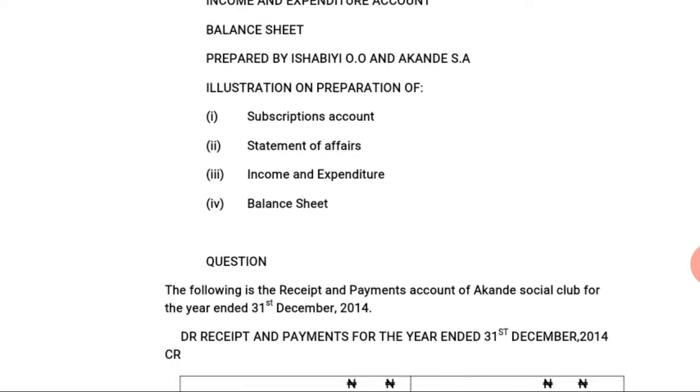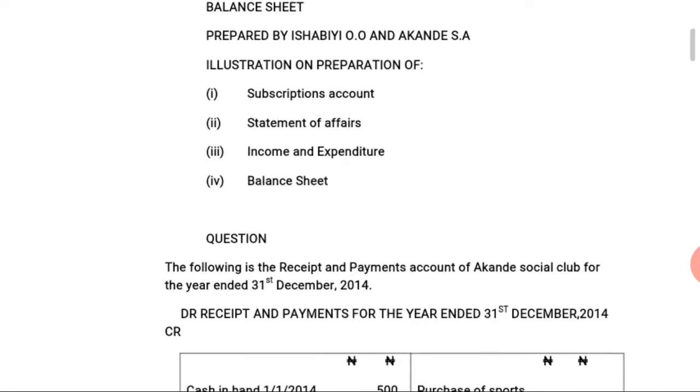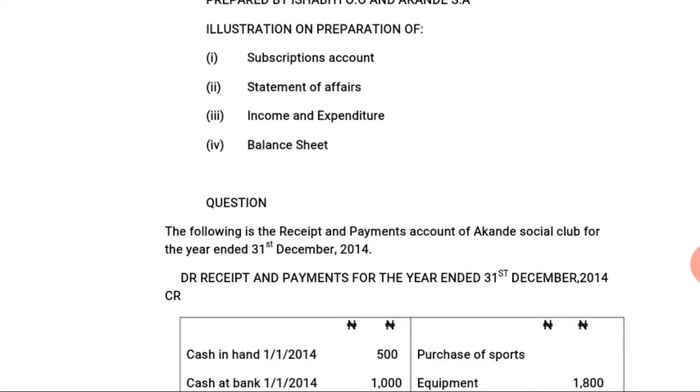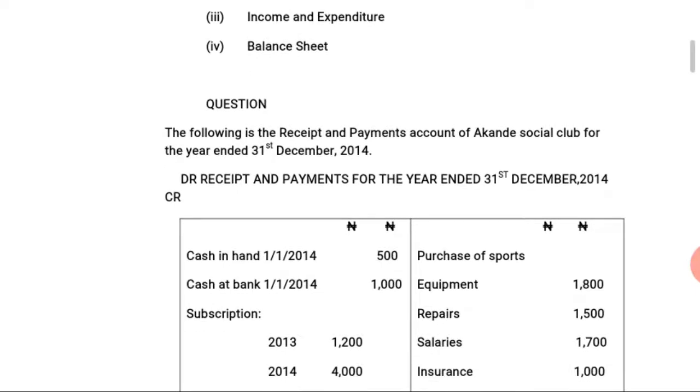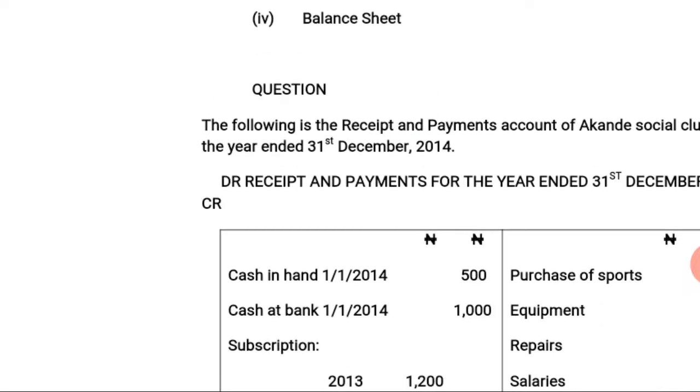So today we are going to be having an illustration on preparation of subscription accounts, statement of affairs, income and expenditure account, as well as the balance sheet of a non-profit making organization.